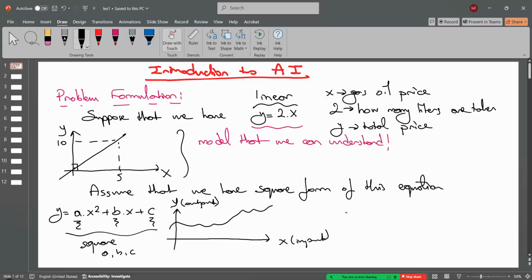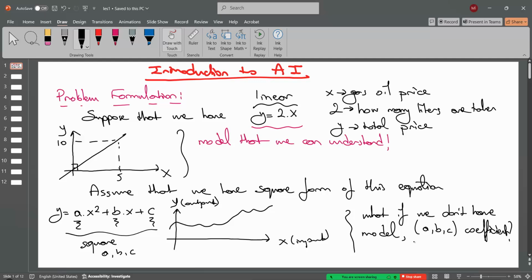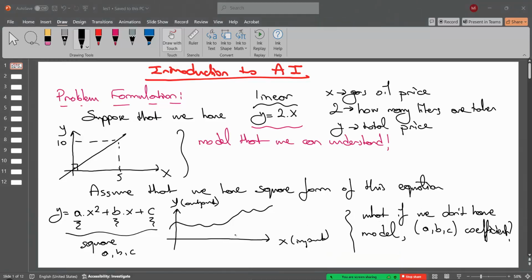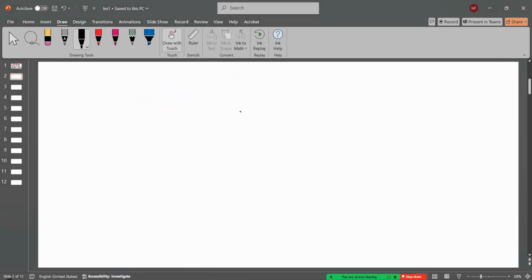But what if we don't have the model or a, b, c coefficients? Okay, how can we build the equation or this formula or the output based on the a, b, c? But this is unknown. Okay, and so in the general process, in the engineering perspective, we can write a solution just like this one.